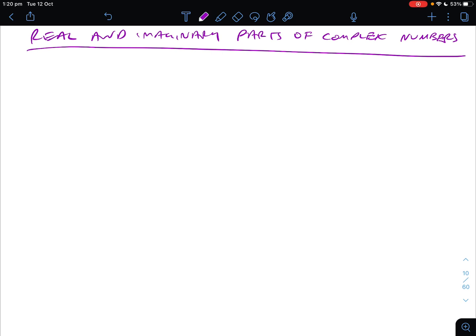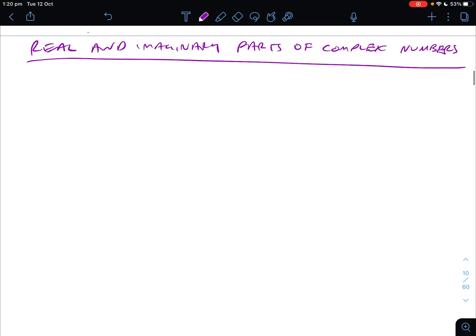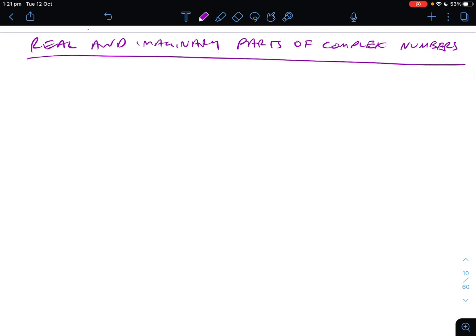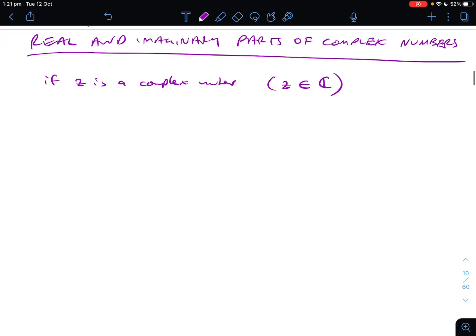Okay, so we're interested in the real and imaginary parts of complex numbers, as in if z is a complex number, which is to say z is an element of the set of complex numbers, then you can write z as x plus iy, where x and y are both real numbers.